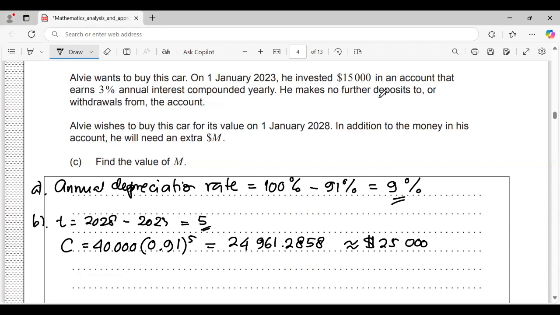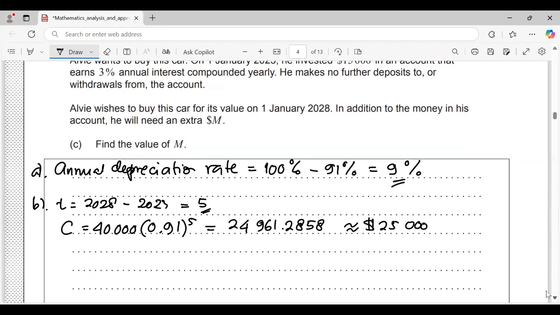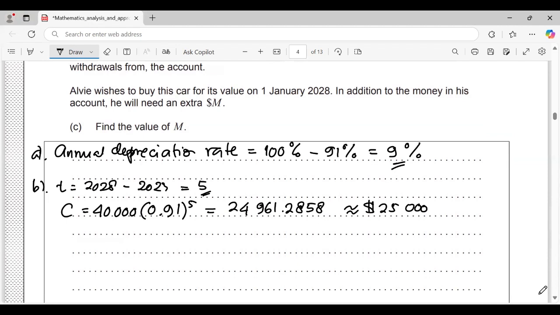He makes no further deposits to or withdrawals from the account. Alfie wishes to buy this car for its value on 1st January 2028. In addition to the money in his account, he will need an extra M dollars. Find the value of M, in dollars.